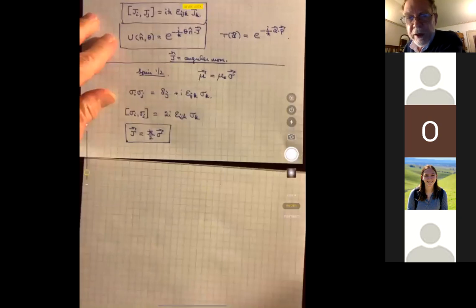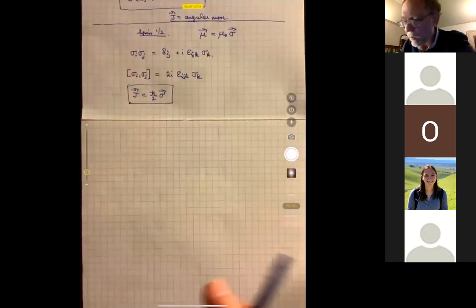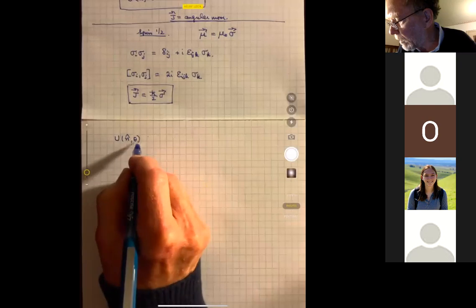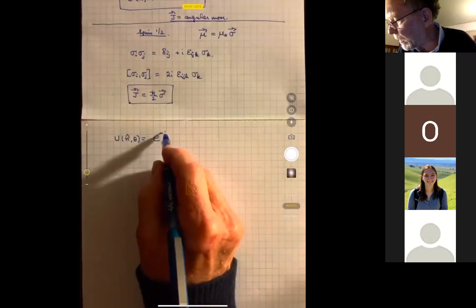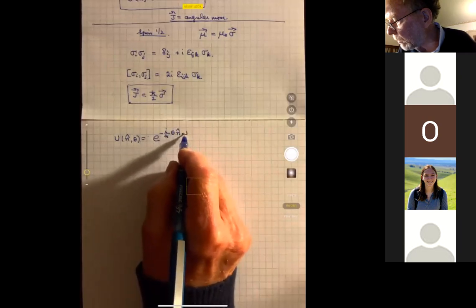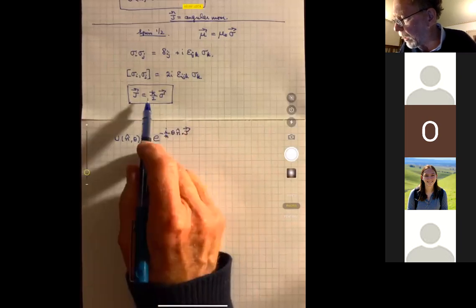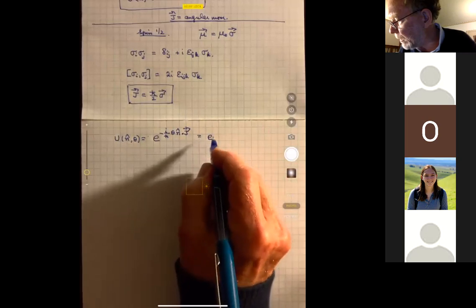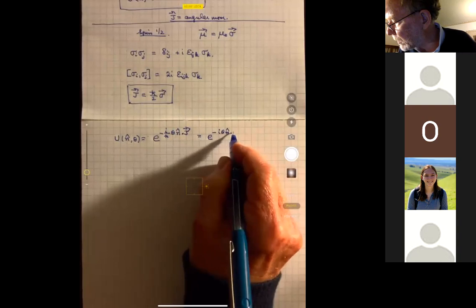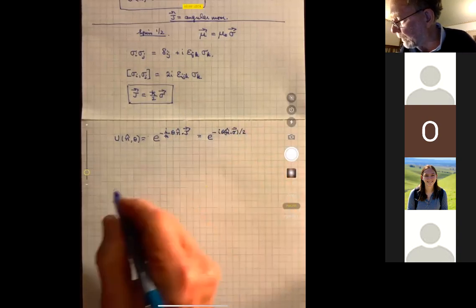then we know what the rotation operators are, because U of n hat comma theta is going to be equal to e to the minus i over h bar times theta times n hat dotted into J. That's general. But with this J up above, this turns into e to the minus i theta times n hat dotted into sigma, Pauli matrices, divided by 2.